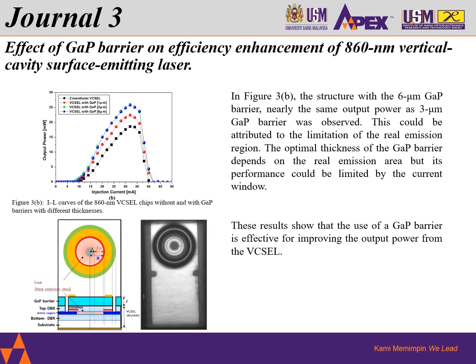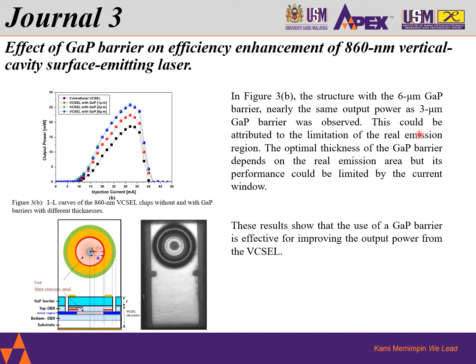I would like to continue on the discussions of the IL curve. If you look carefully at this figure 3B, the green color and the blue color curves are actually overlapping. This means that the structure of 6 micron gallium phosphide barrier has the same output power as 3 micron gallium phosphide barrier.